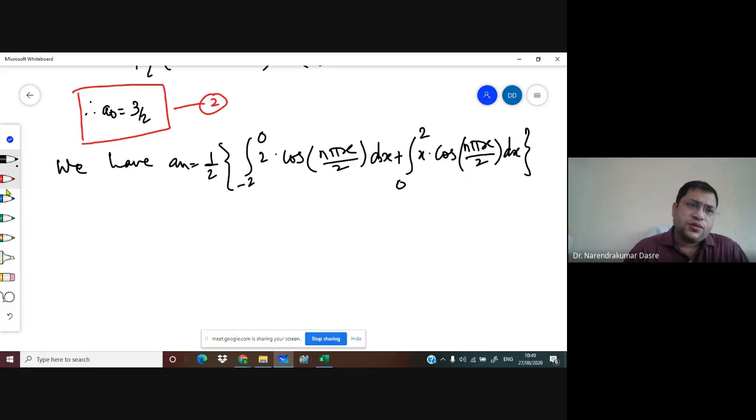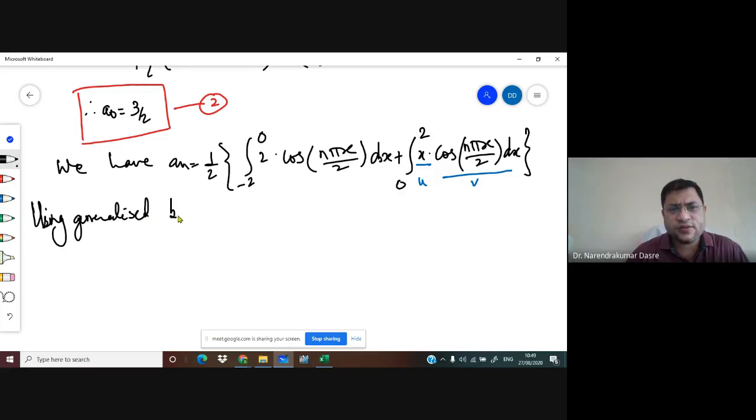Okay. So we can see this integral is easy to integrate, but for this integral we have two functions. So this we consider as u and this we consider as v, and hence we have to use the u into v rule here. So we can write, hence using generalized integration by parts rule, we get.